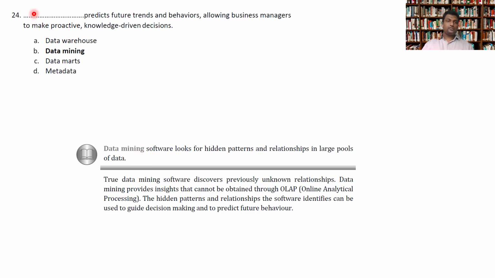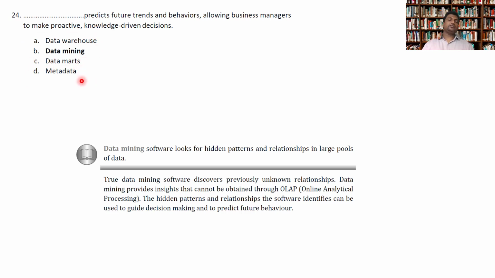So blank predicts future trends and behaviors, allowing business managers to make proactive, knowledge-driven decisions. So this is a technique or an action or a tool which can be used to predict this. The other things are static things. A data warehouse is where all the data is being kept. Data marts are parts of the data warehouse where you segregate data for analysis.